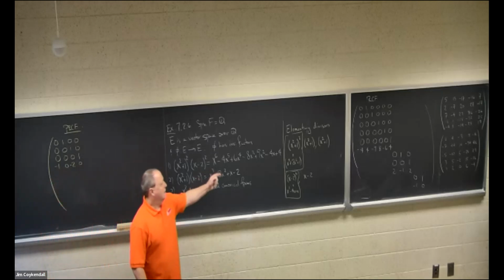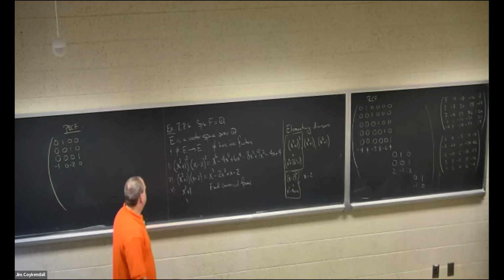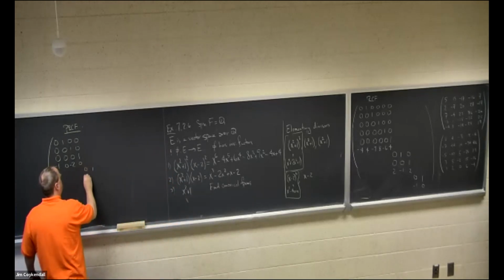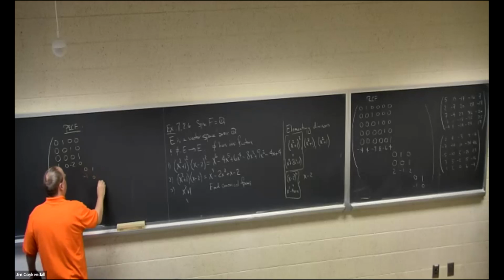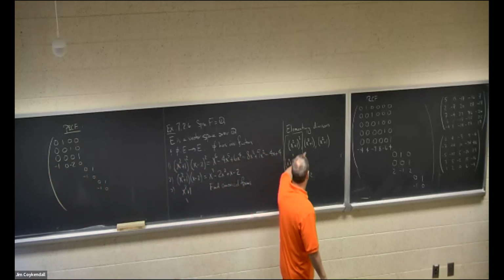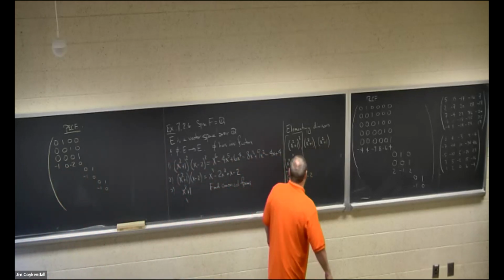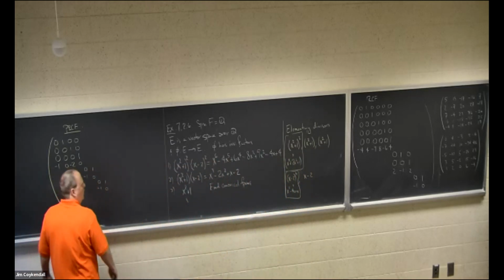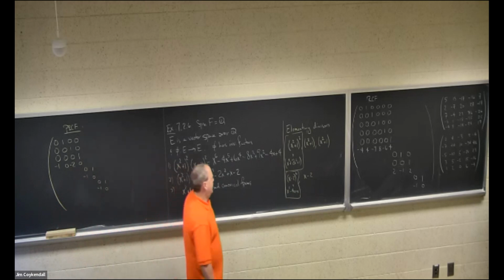Now I've got a couple of 2 blocks that look the same. 0, 1, minus 1, 0, 0, 1, minus 1, 0. That takes care of these 2. Okay, now I've got 2 of these things to take care of.